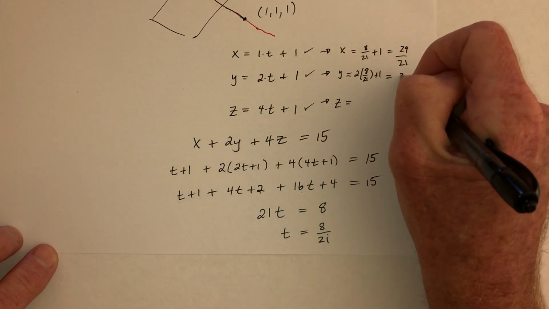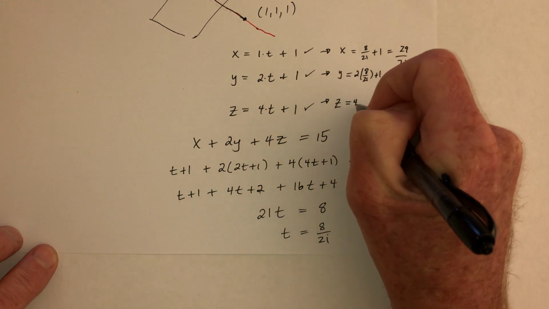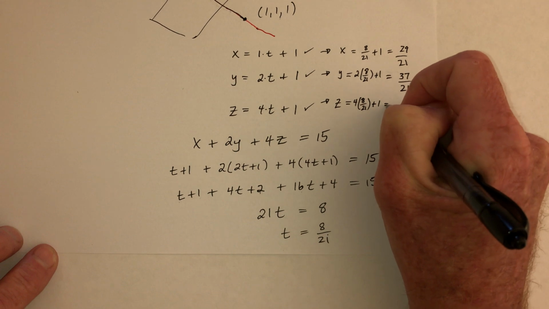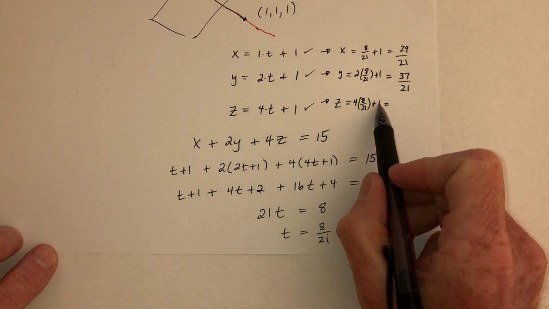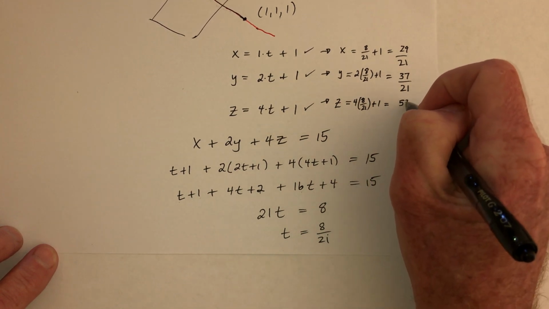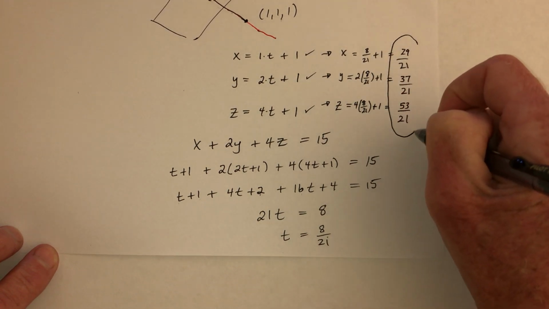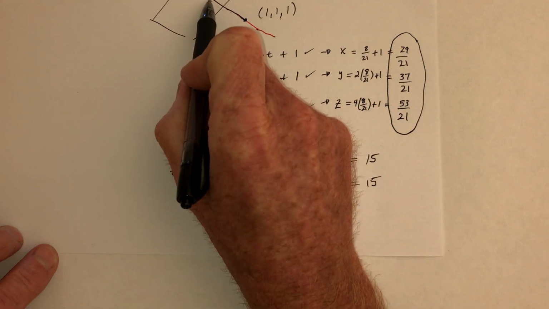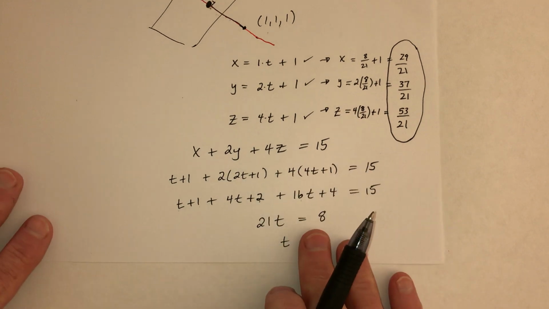That's going to be 37 over 21. And last, 4 times it plus 1. So this would be 32 over 21 plus 21 over 21, so 32 plus 21, that's 53 over 21. So that would be the point that's closest, the point on the plane that's closest to the point 1, 1, 1.